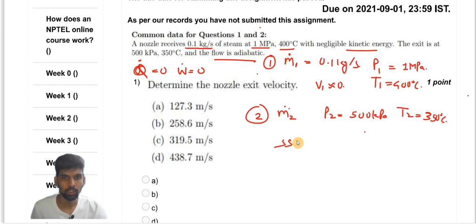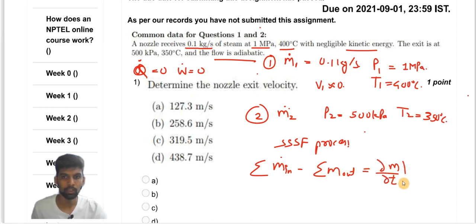So assuming steady state steady flow process, m dot in minus summation of all m dot out is equal to dou m by dou t of control volume.